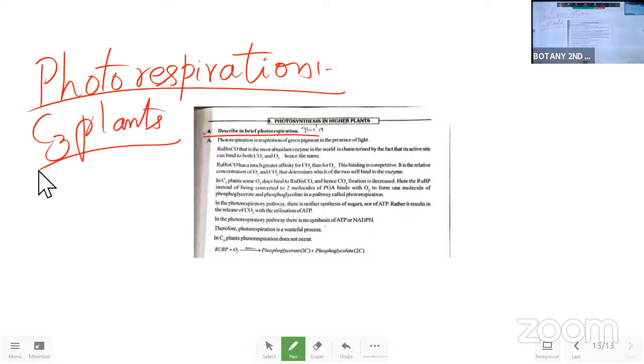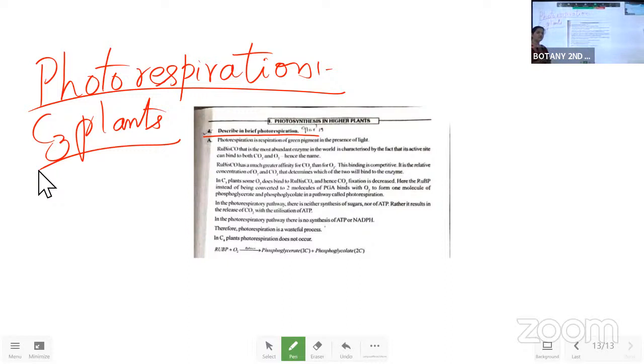These C3 plants will be having only the C3 cycle in them. That means more amount of carbon dioxide is needed for them. Okay. So how will these plants do the respiration part in the presence of sunlight? Whenever much more oxygen is there in the surrounding atmosphere, then the C3 plants will switch over into the photorespiration instead of photosynthesis.